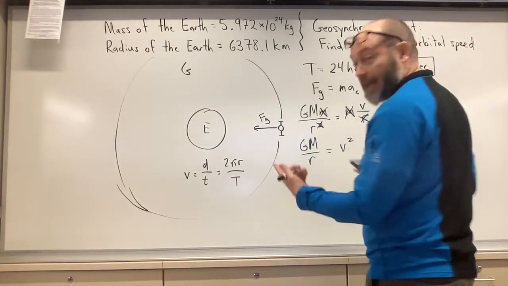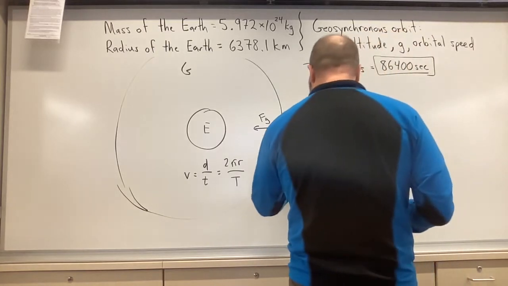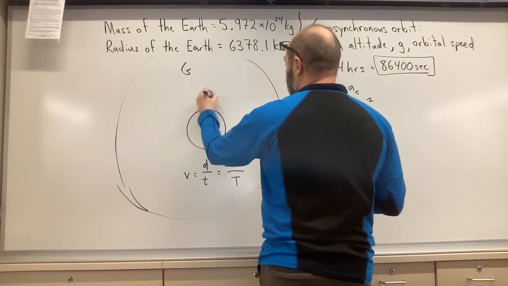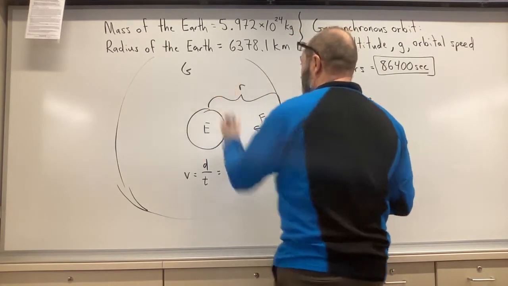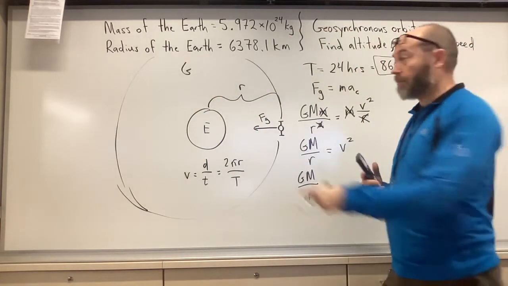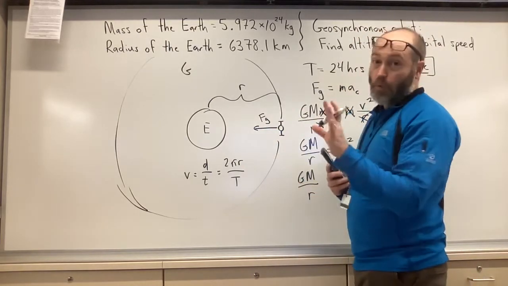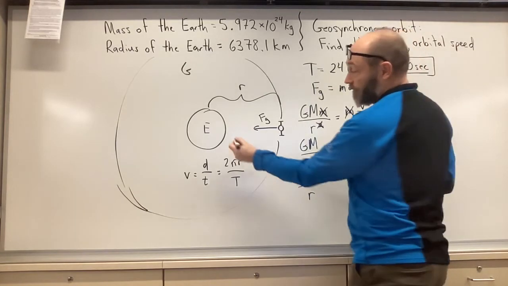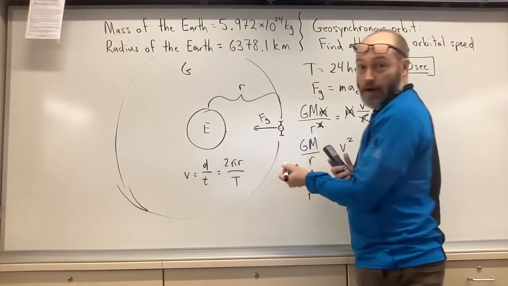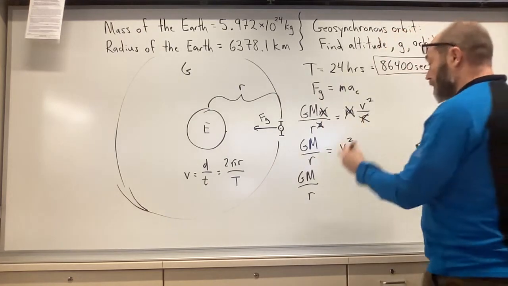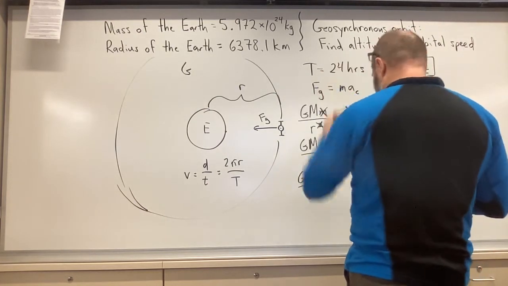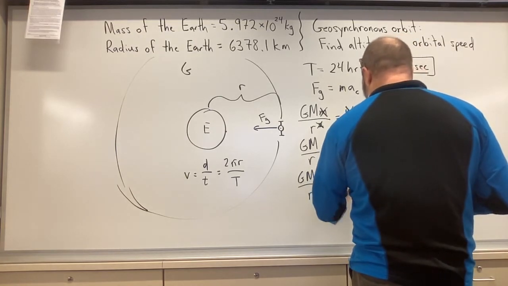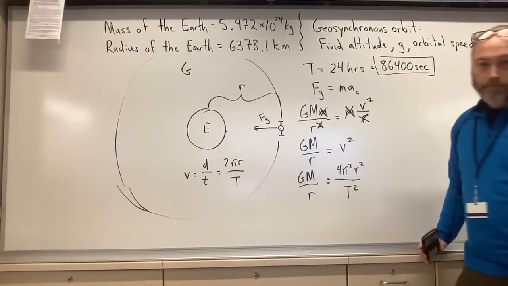So let's plug that in. I'm going to get GM over r. Now remember, this is important: that is your r for this equation. It's from the center to the center, which is not the altitude. The altitude would be from the surface to there, which we'll talk about later. But we've got to keep that in mind. This equals 4 pi squared r squared over T squared.